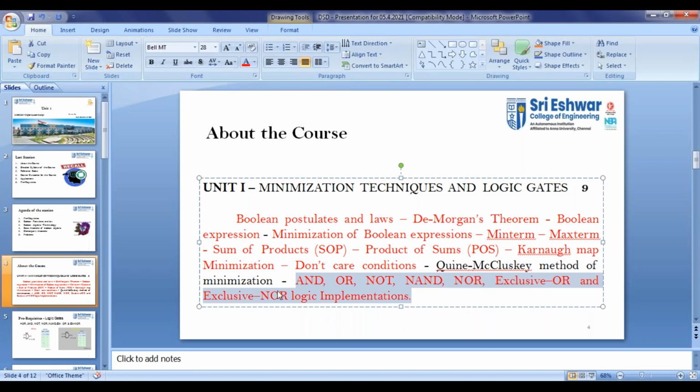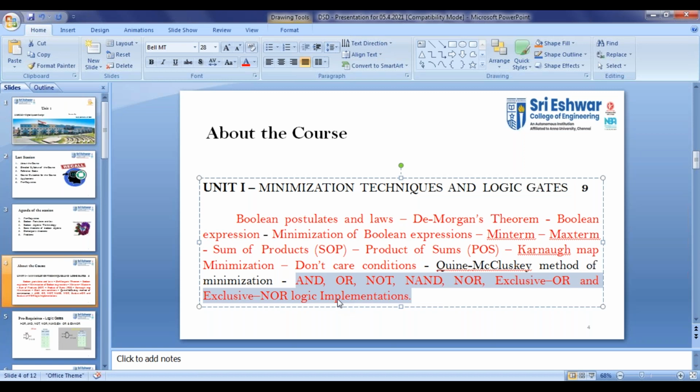So today we are going to see the logic gate implementations. We are going to see different logic gate implementations, meaning that in our problem they will give the Boolean expression, and we want to implement the Boolean expression by using logic gates.